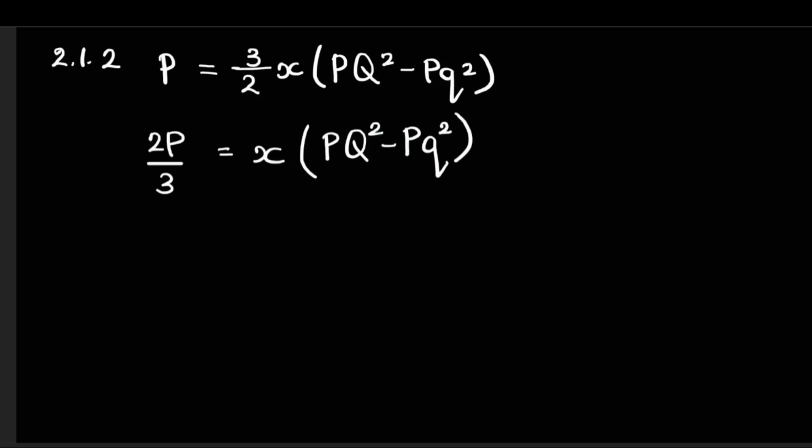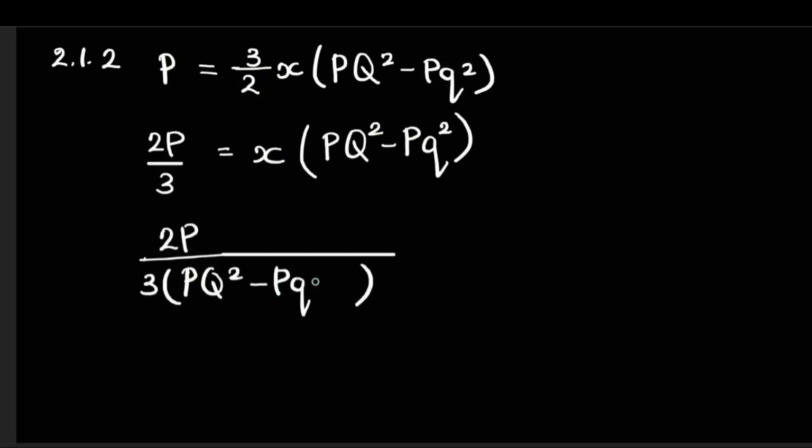Now to get x alone, all we have to do is divide both sides by this bracket. Now obviously when you divide the right hand side by the bracket, it falls away, cancels out. But when you divide the left hand side by the bracket, it's going to end up going in the denominator. So it's going to end up here next to the 3. So that is what x is equal to.